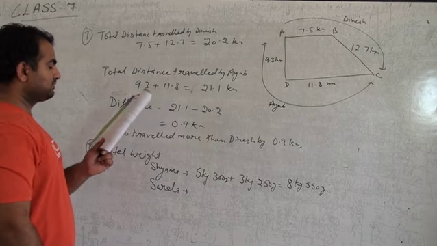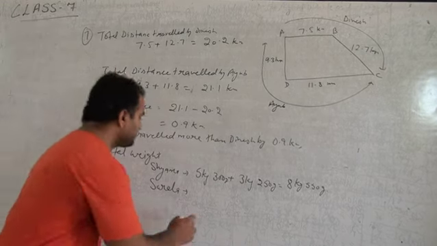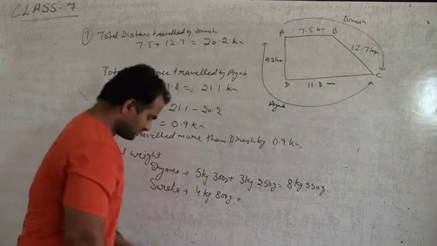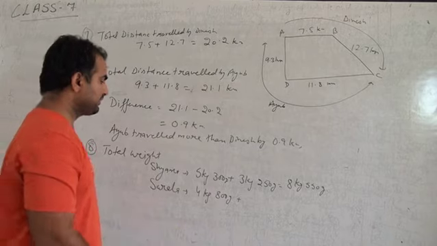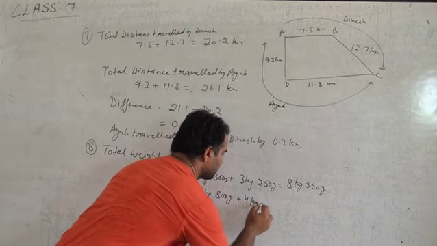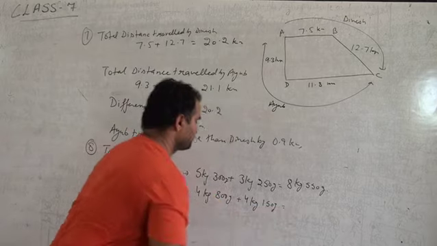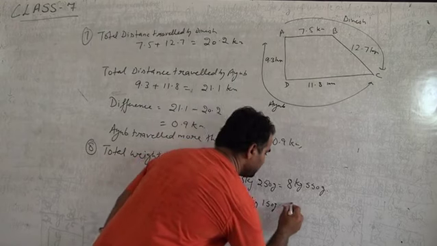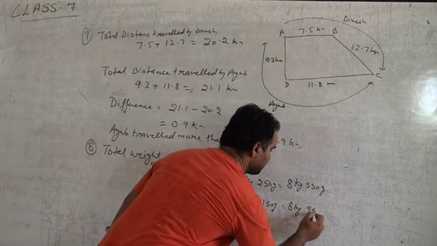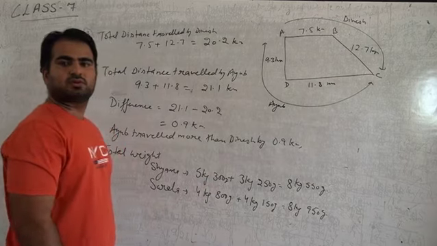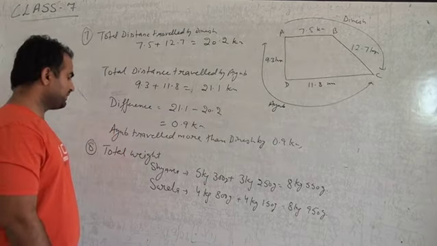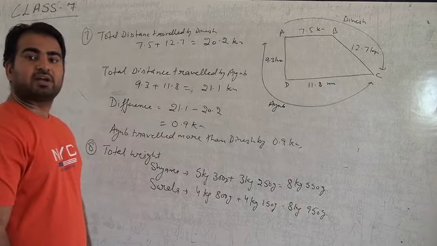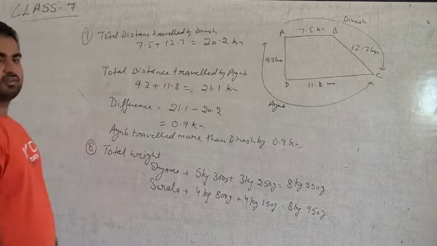Next is Sarla. Sarla has total weight equal to 4 kg 800 gram plus 4 kg 150 gram. So the total weight is 8 kg 950 gram. So who has more weight? We can see that Sarla has more weight. But by how much? We will subtract.